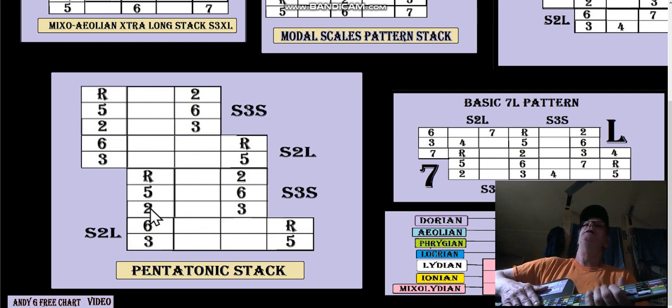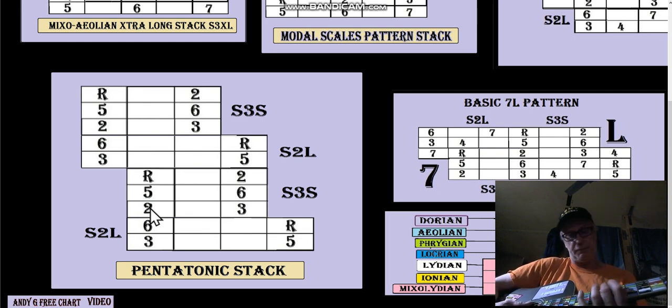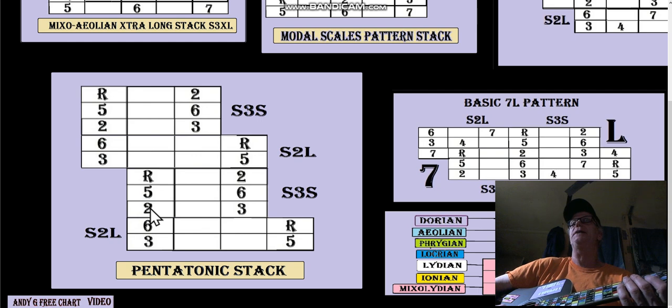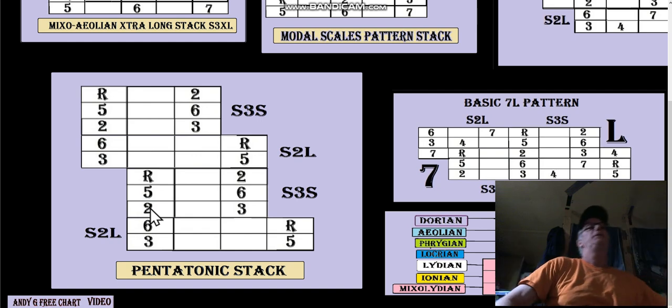So that's one way you can find what you're doing from just meandering around doing anything into a cage shape, where you can identify the root in that cage shape and then play that like that.